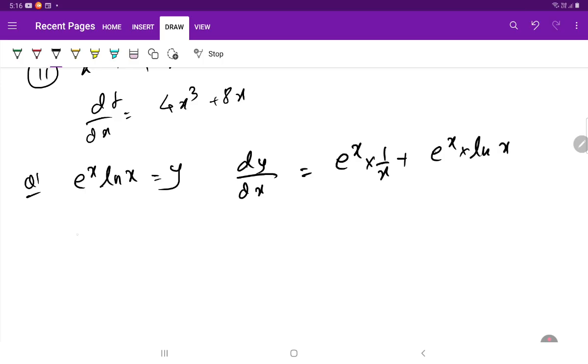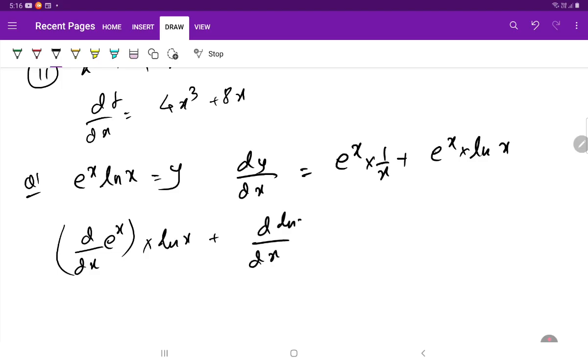What I have done here is d by dx of e to the power x into ln x, plus d by dx of ln x into e to the power x. d by dx of ln x is 1 by x, and d by dx of e to the power x is always e to the power x. Then we get our resulting answer.